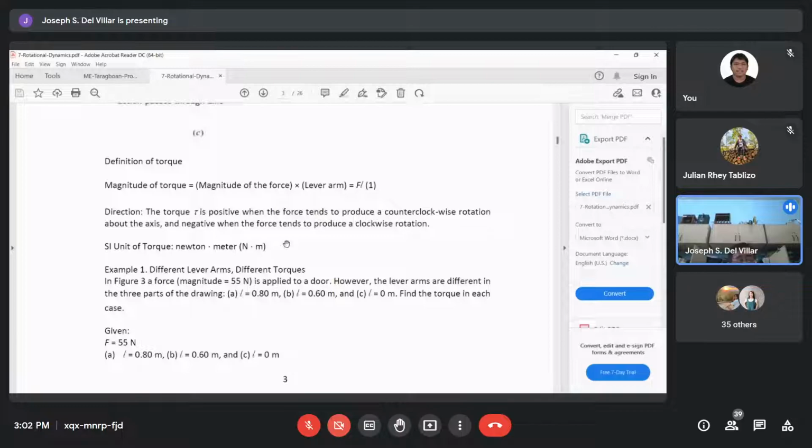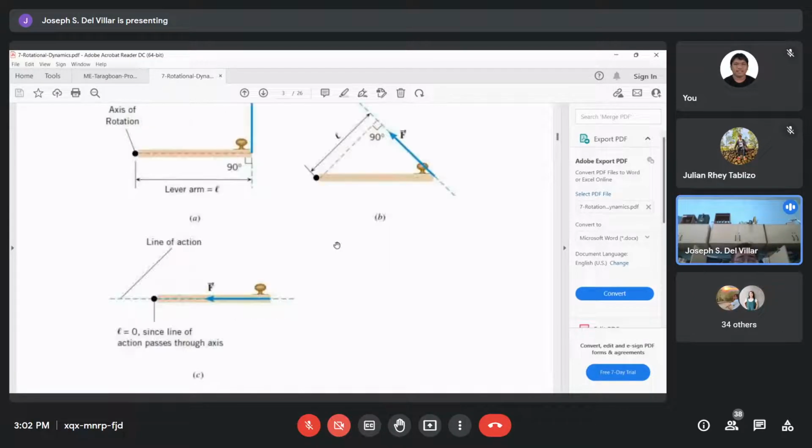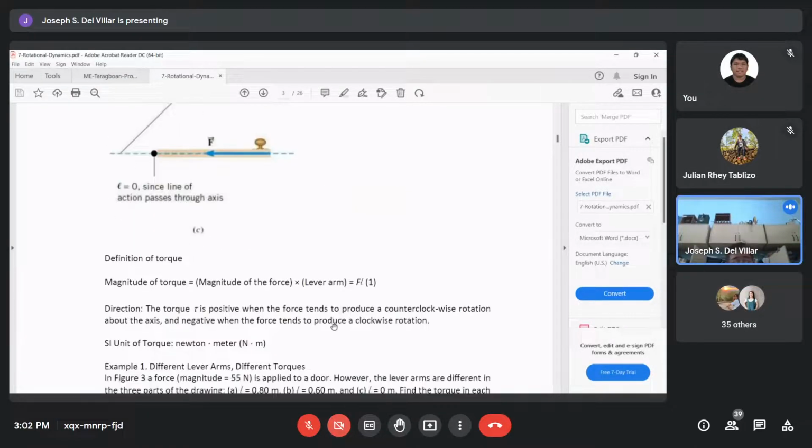Okay, in figure 3, the force with magnitude 55 newtons is applied to a door. However, the lever arms are different in 3 parts of the drawing. In letter A, the lever arm is 0.8 of a meter. Okay, so this one, the lever arm is 0.8. So that means to say, that is the width ng door, no? So yun yung width ng door, 0.8 meter sa A.